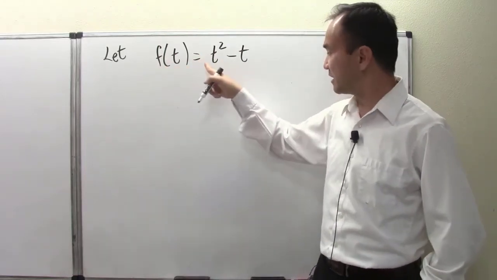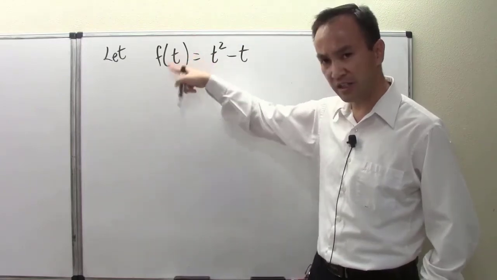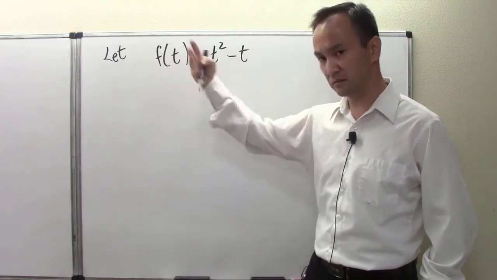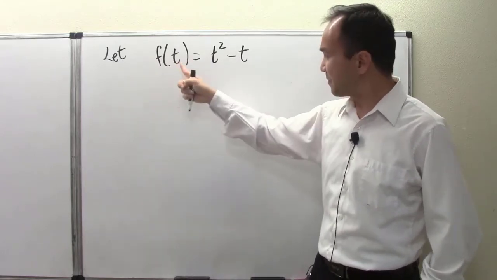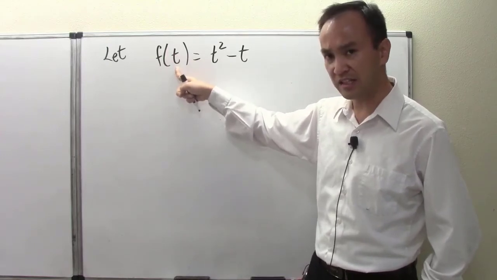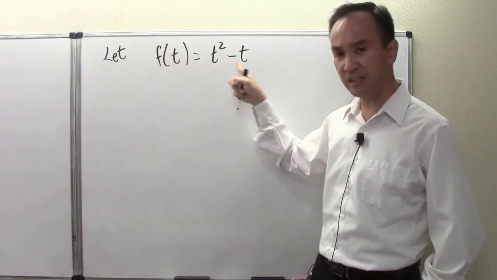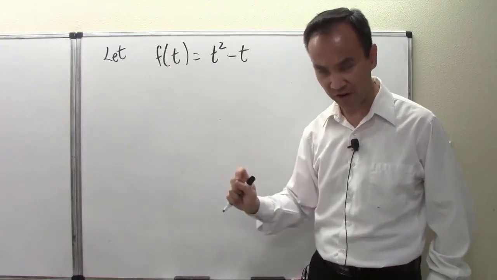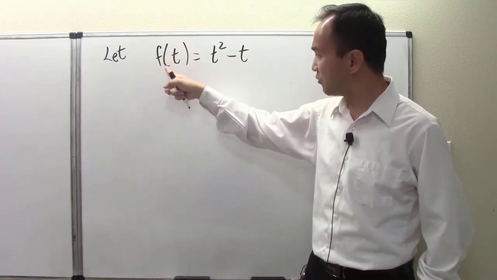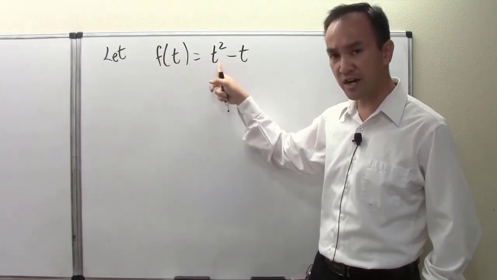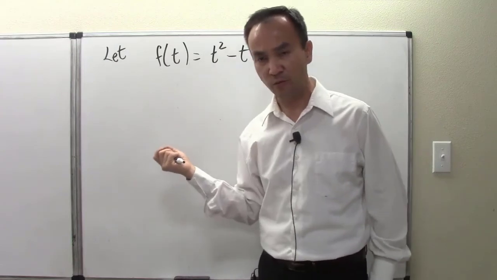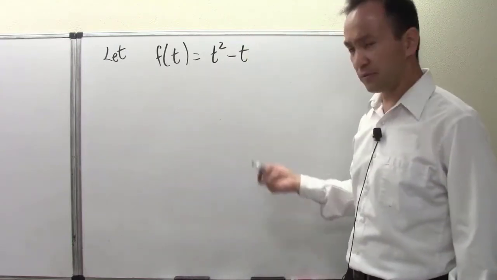In the function notation that we've been comfortable with, the variable inside the parentheses is the input of our function. The rule for this function says we square every input and subtract the input value again. So that's function f.